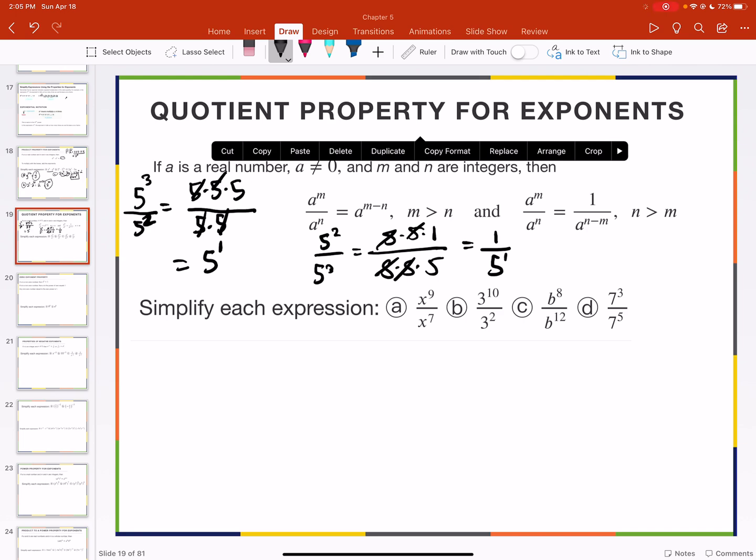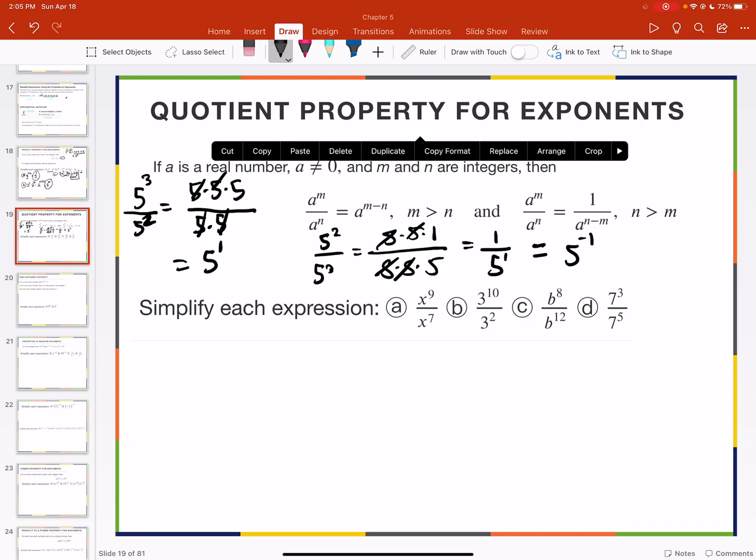So notice that it's still 3 minus 2, except that now it's in the denominator. This can also be written as 5 to the negative 1 power, but we're going to go more into that. So anyway, let's go ahead and simplify. You can do top minus bottom, and if you get a negative, it's in the denominator. Or bottom minus top, if the exponent in the bottom is greater.